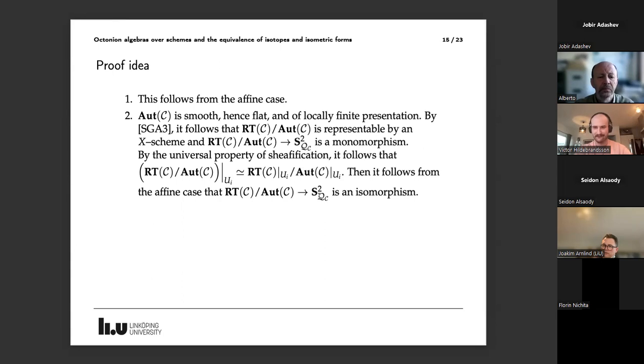I think I said it in the right order. And this follows from the universal property of sheafification. And then it follows again from the affine case. I have not written it here, but the U_i are affine open subschemes of our scheme X. Yes, any questions?